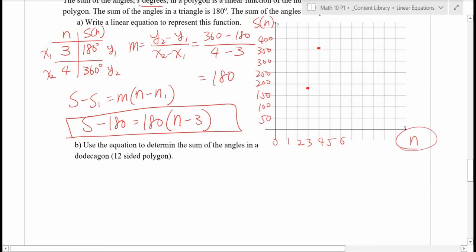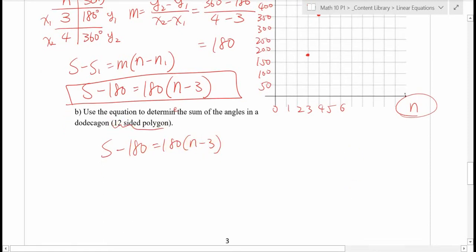Part B says use the equation to determine the missing sum of the angles in a dodecagon. So it's a 12-sided polygon. Well, we just need to use the formula: s minus 180 equals 180 times n minus 3. It tells us it's a 12-sided polygon, so we just put 12 into n.